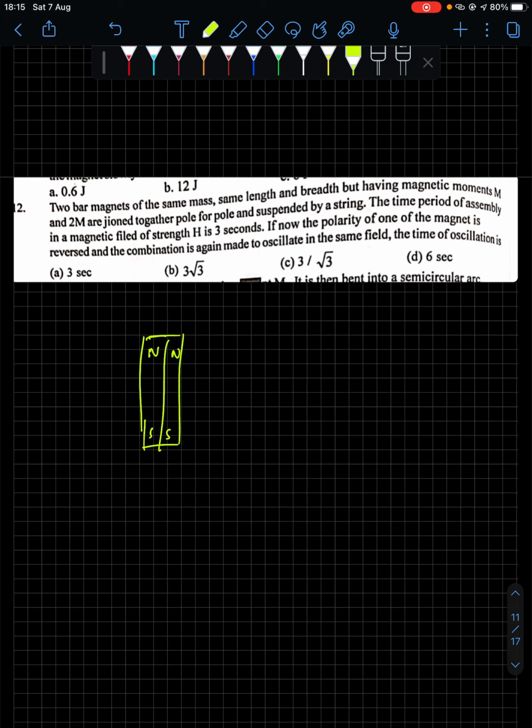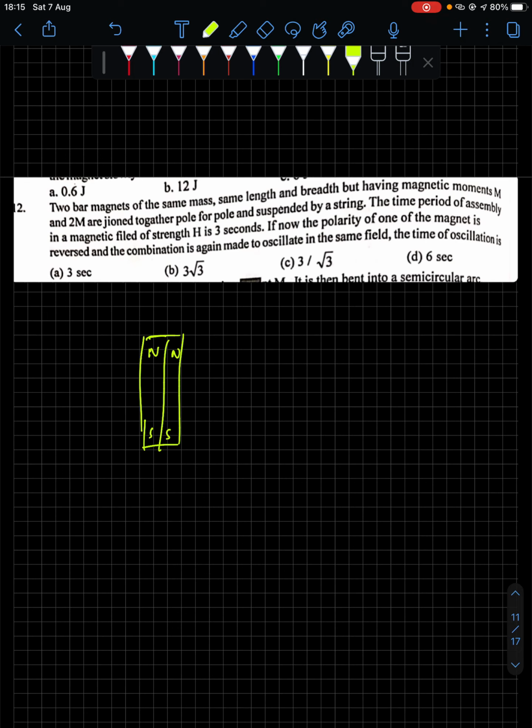Now pole for pole, the angle between them is 0 degree, right? Now in pole for pole, if you remember the theory, the equivalent dipole moment used to be the addition of the individual dipole moments, and when the polarity was reversed in case of theta 0 degree, then the dipole moments were subtracted.